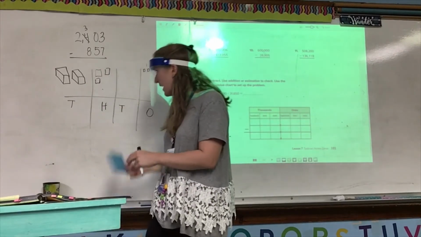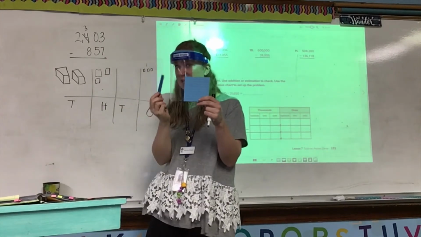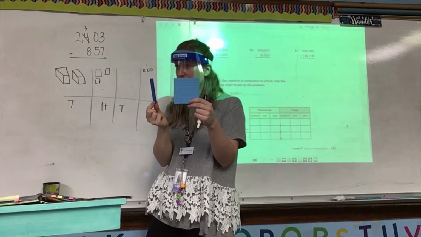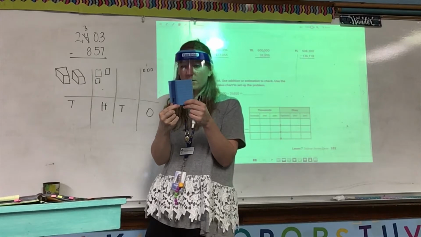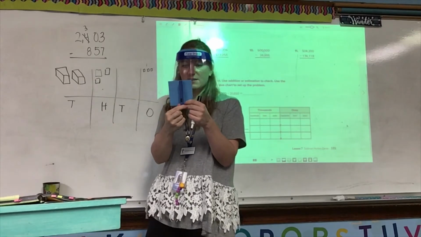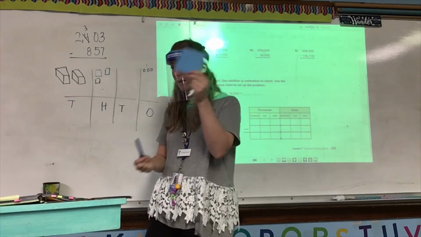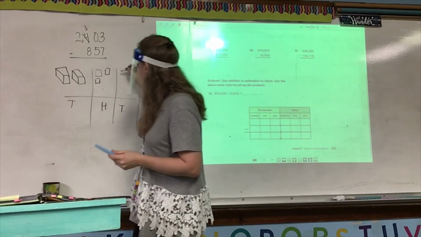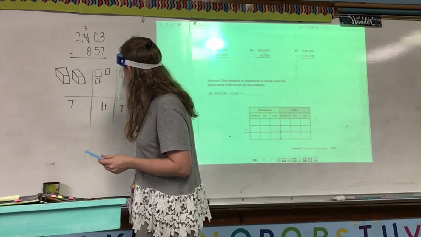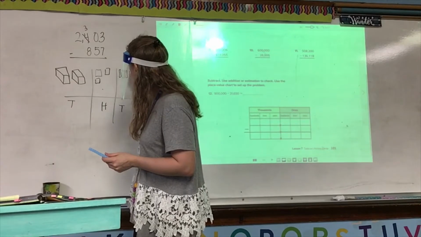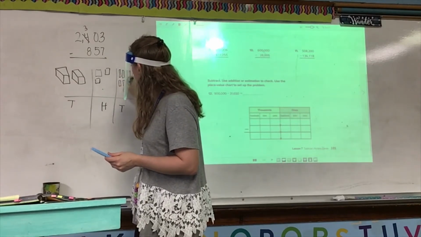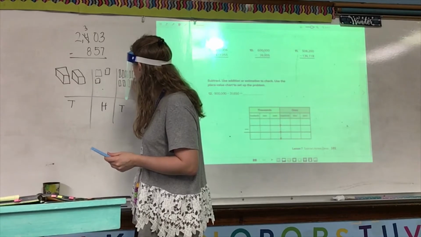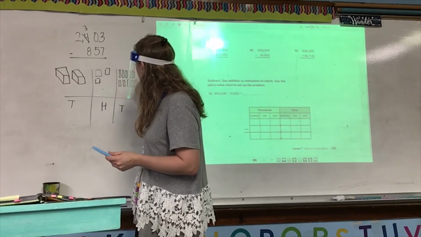No, I have to turn that 1 hundred flat that I took away into how many 10 rods? 10, because there are 10 10 rods in 1 hundred flat. 1, 2, 3, 4, 5, 6, 7, 8, 9, 10.